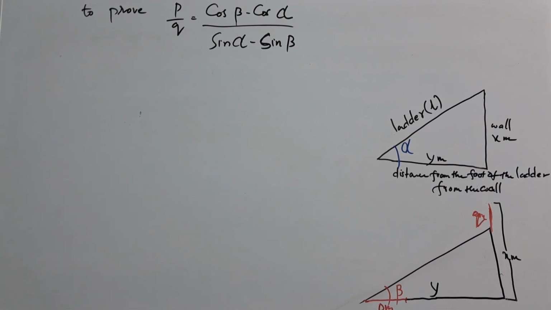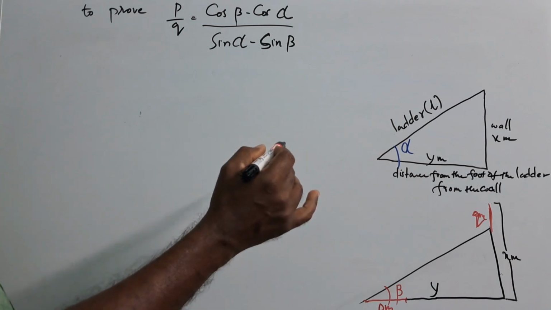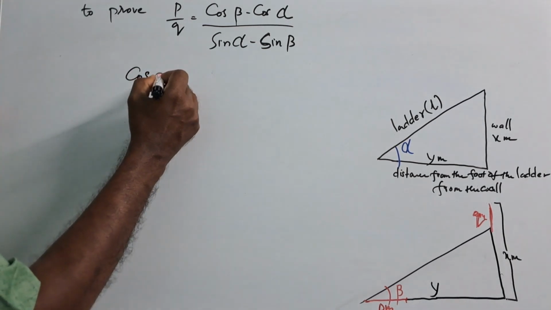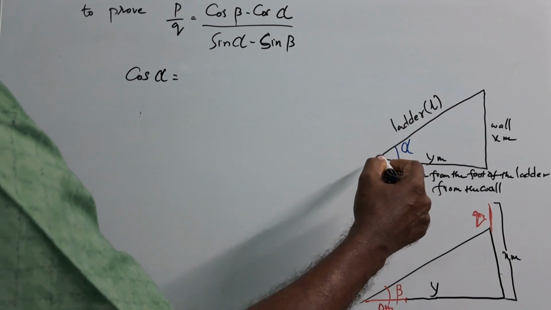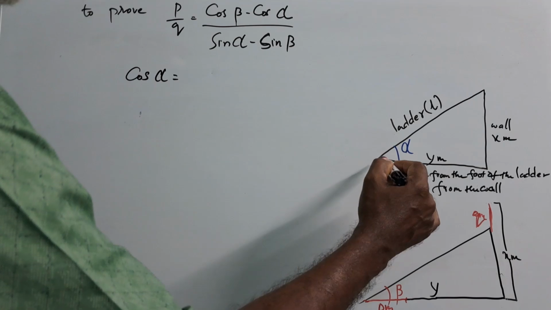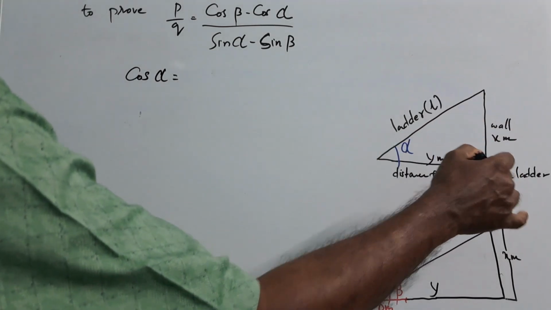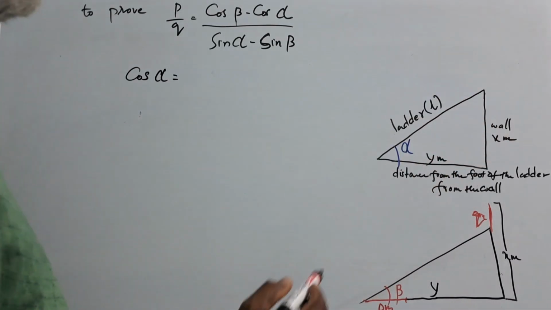Now let's express sin and cos of alpha and beta in terms of the ladder, the wall, and the horizontal plane. First, I would like to express cos alpha and sin alpha. Cos alpha is equal to adjacent side by hypotenuse. For convenience, I would like to represent the horizontal distance as y meter, the height of the wall as x meter, and the ladder as L meter.